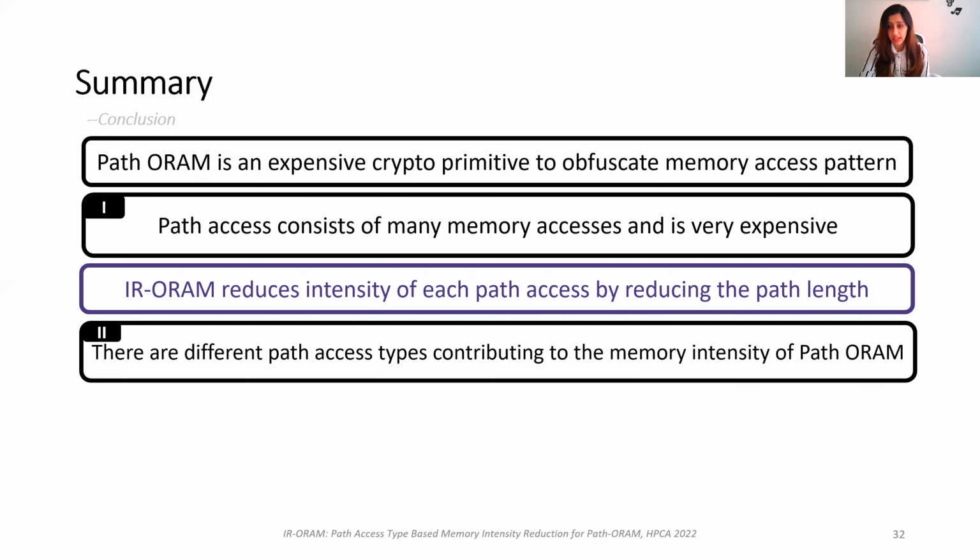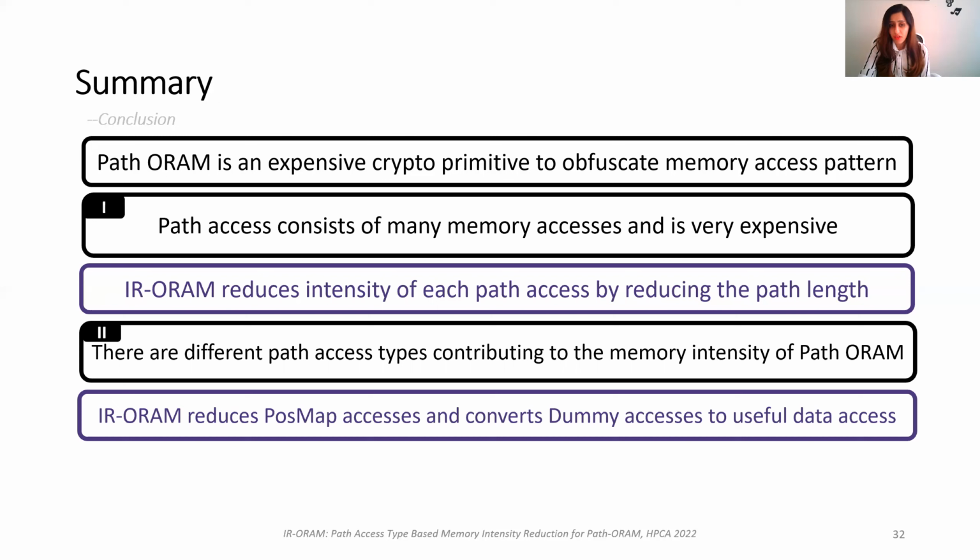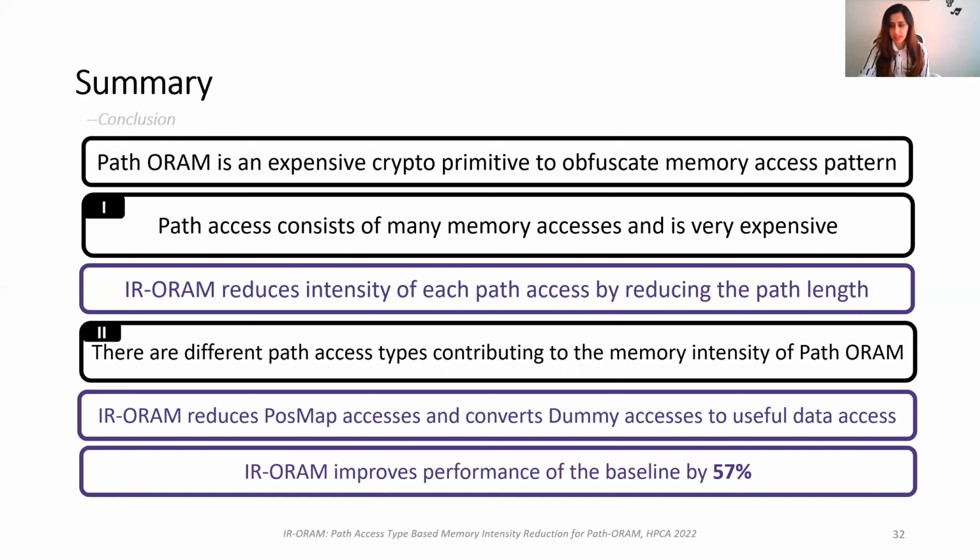And secondly, there are different path access types contributing to the memory intensity of Path-ORAM other than the data path access. Therefore, IR-ORAM reduces postmap accesses and converts dummy accesses to useful data access to reduce the intensity of Path-ORAM. Ultimately, IR-ORAM improves the performance of the baseline by 57%.